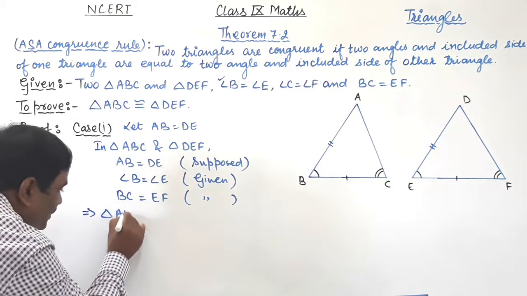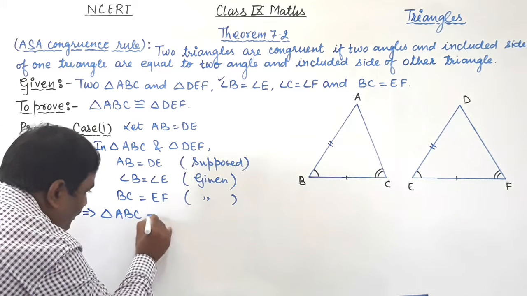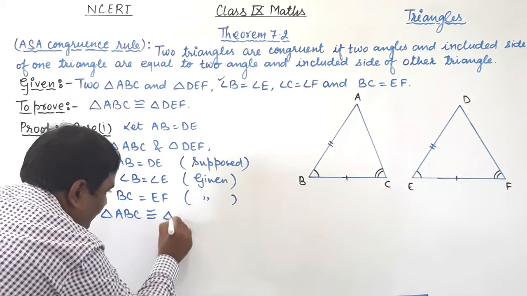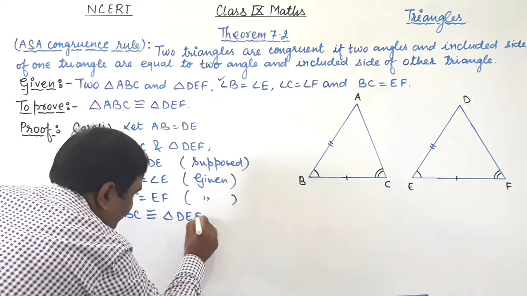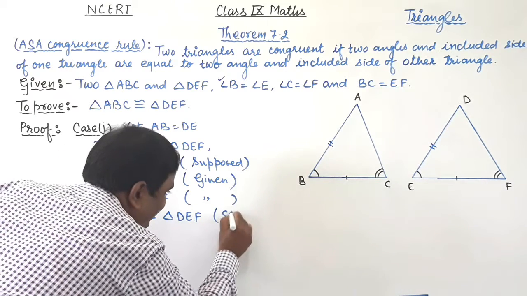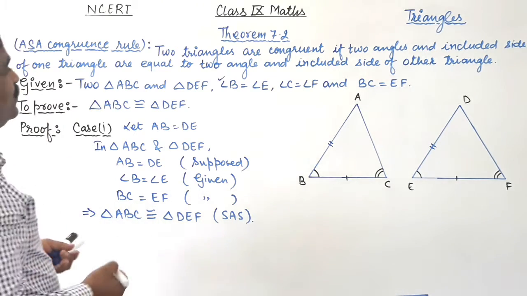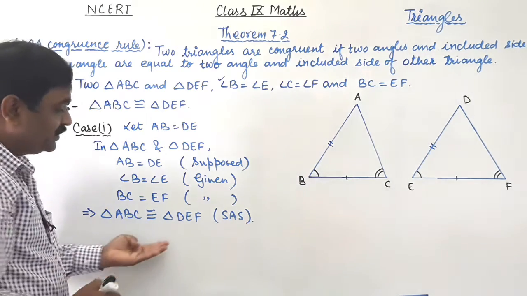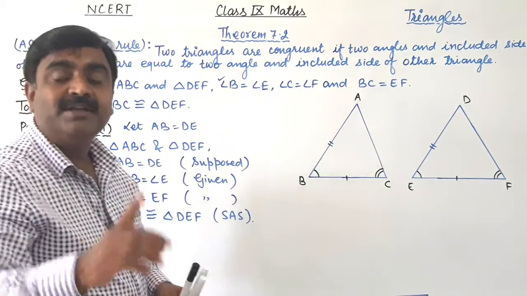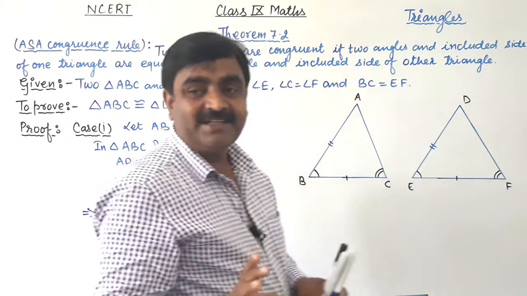Therefore, triangle ABC is congruent to triangle DEF by the side angle side congruency rule, right friends? So it is proved that ABC is congruent to DEF, but this is the first case.